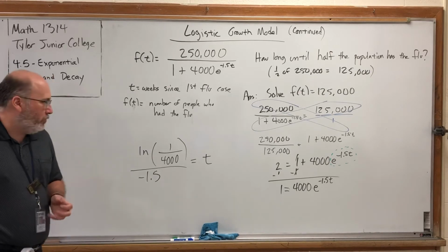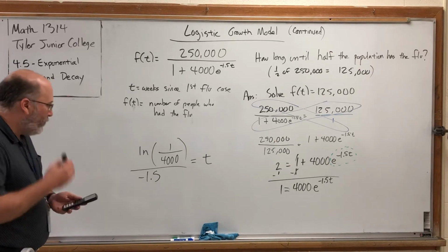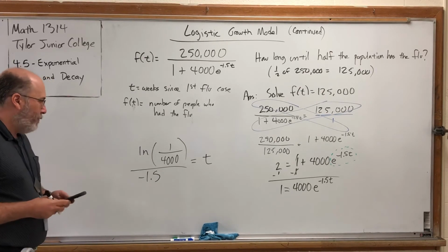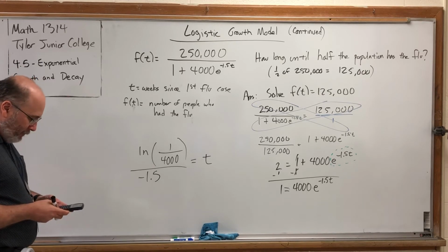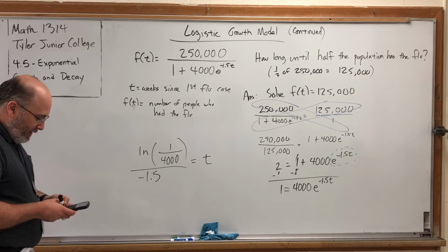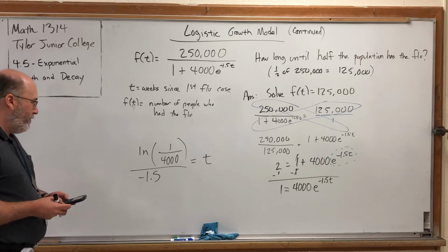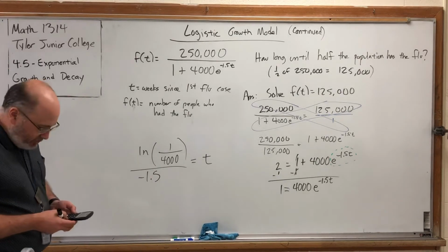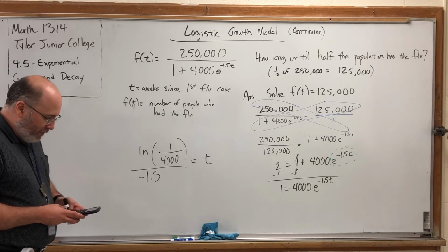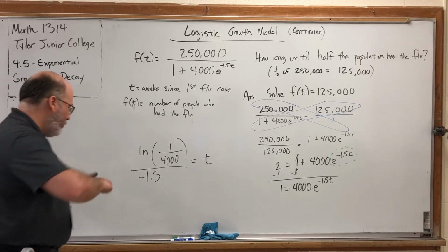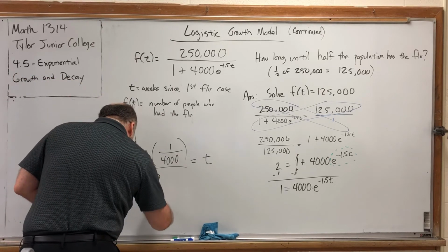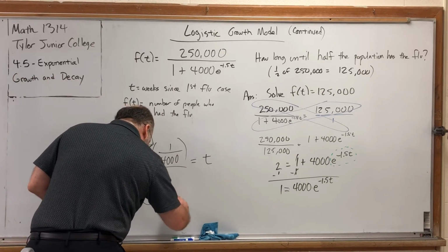So whatever this equals is the number of weeks it would take for half the population to have been infected by the flu. Natural log of, open parentheses, 1 divided by 4,000, close parentheses, divided by negative 1.5, and we get a staggering 5.5 weeks.